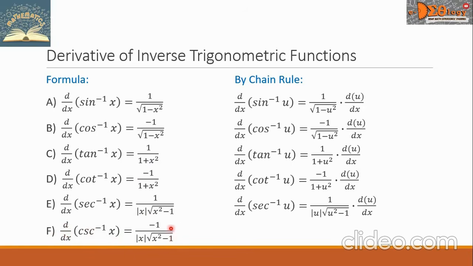This is equal to negative 1 all over the absolute value of x times the square root of the quantity x squared minus 1. By chain rule, the formula becomes like this. In here, take note of the similarity of the formulas of derivatives for secant inverse and cosecant inverse. The only difference is the negative sign for the cosecant inverse formula.